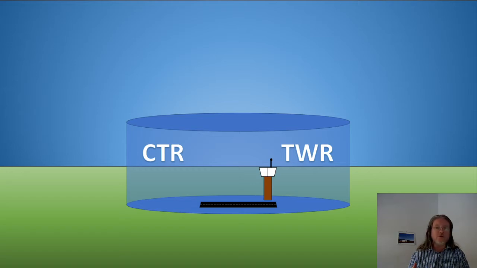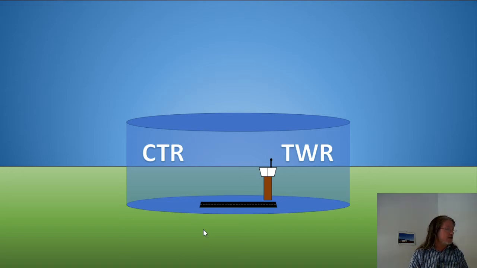All control zones in the world have one common feature, and that is that they start from the ground. All the control zones start from the ground and then go up. They have a specified upper limit, but the lower limit is always the ground.